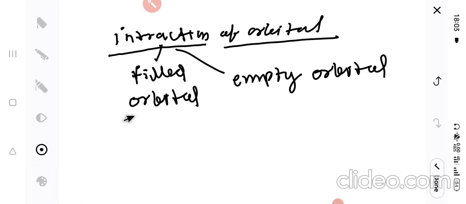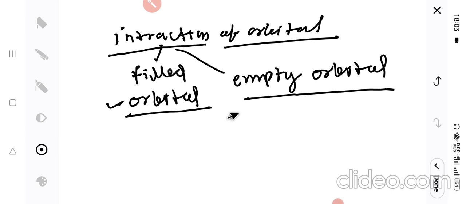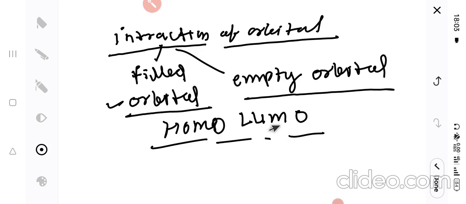So if you want to carry out a chemical reaction, then your reagents or substances must have two types of orbitals, that is filled orbitals and empty orbitals. Sometimes these are called HOMO and LUMO, highest occupied molecular orbital and lowest unoccupied molecular orbital. Correct? Let's see an example.